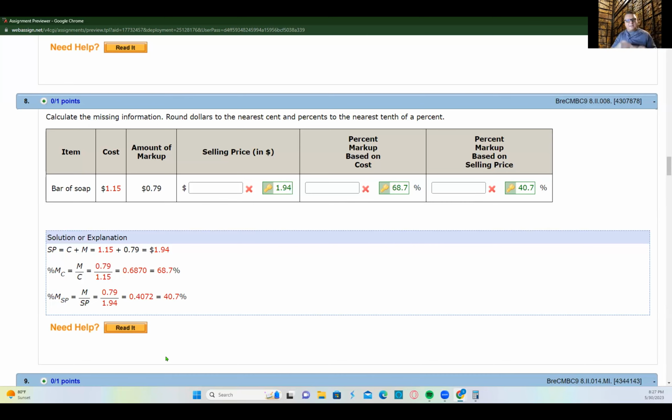So it's already in the question what you have to do. Since they give you your markups, it'll be your markup divided by your cost, $1.15 here. Then markup divided by your selling price, which you had to figure on your own. So there's that one right there.